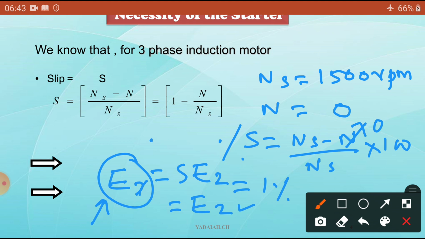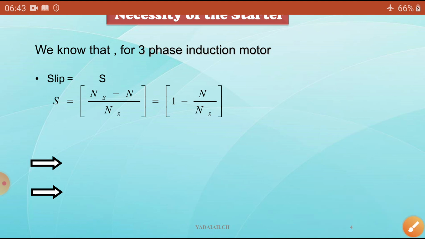Similarly, now we apply the normal voltage to our stator, and we get the E2 induced EMF in the rotor conductors. This is an enormous voltage. Here S equal to 1 is the maximum value, then E2R is equal to S into E2, so what is the rotor induced EMF?